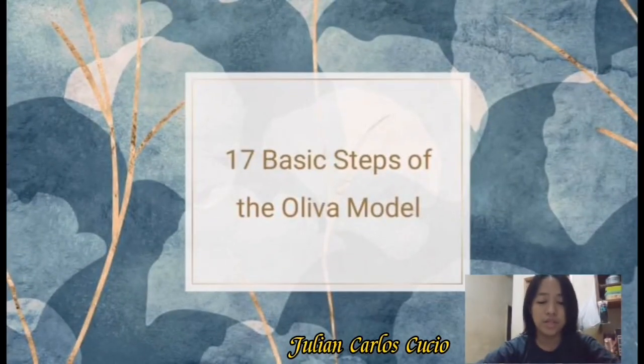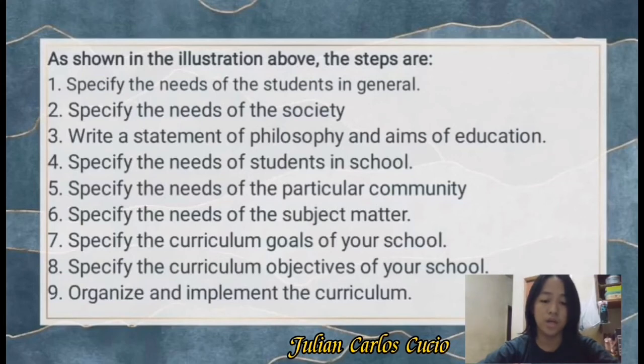So these 17 steps are the specific steps that one must do in developing an effective curriculum, as they are crucial in order for the curriculum to be developed properly and to maximize its full potential for the students to learn effectively. It is a simplified and specific version of the illustration of the Oliva model from before.